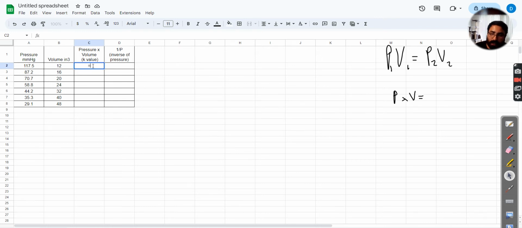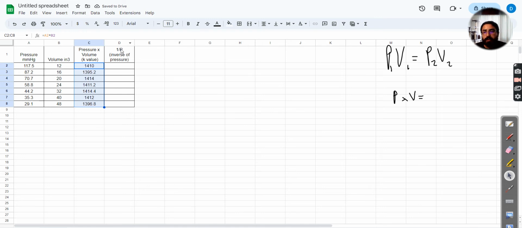Click on it, put equals, and now we're going to do the pressure times, so we're going to put the asterisk. The asterisk in this case means multiply. So we multiply times the volume, and hit enter. And it gave us that same value we had. Now, we want to apply the same thing to the whole sheet. So you grab it from the corner and drag all the way down, and it does that calculation for you.